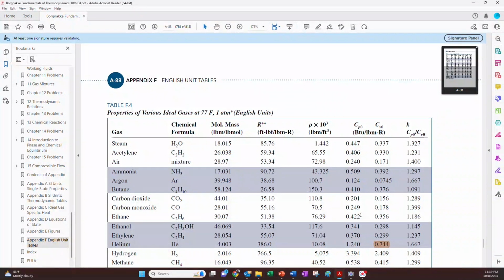How can it be so different? That doesn't seem right. All right, well, I'm going to write it down.